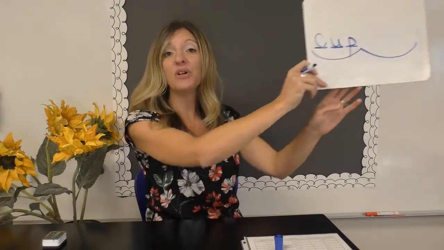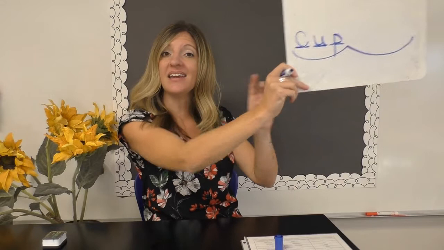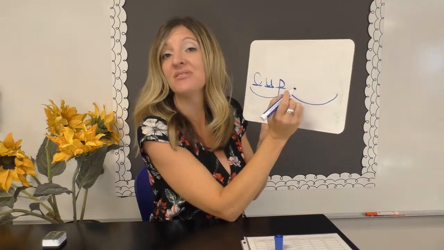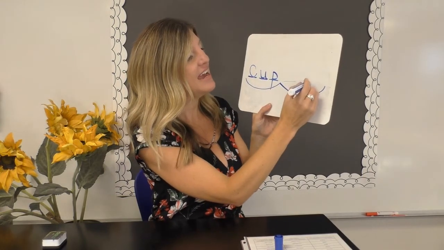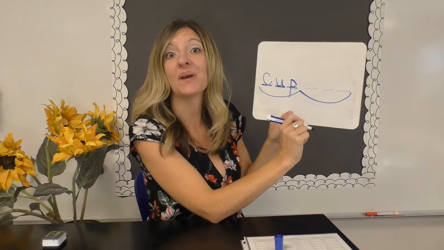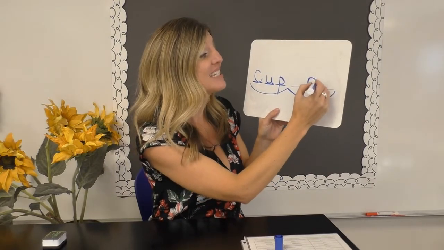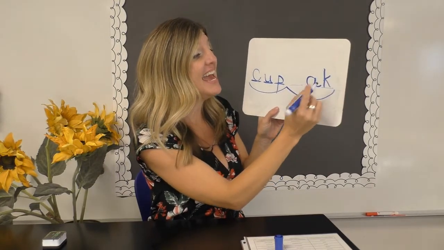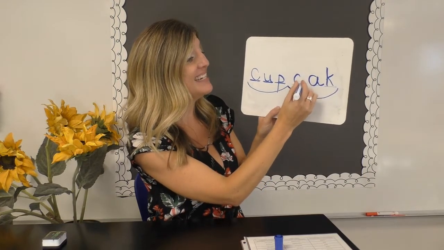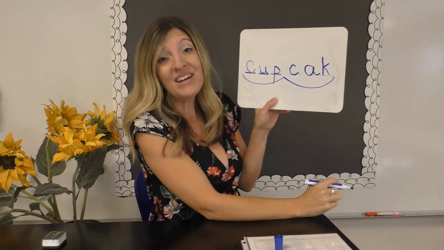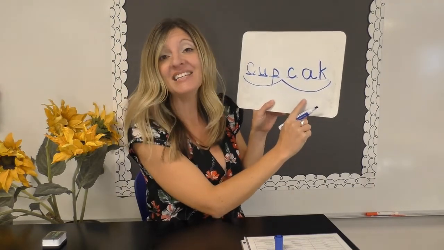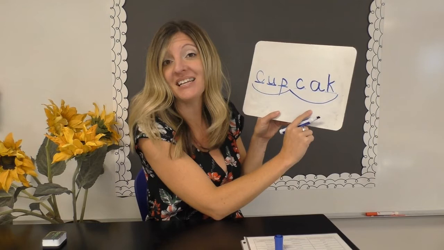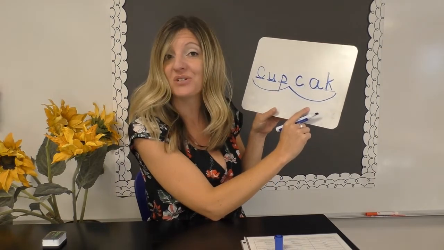My second syllable is cake. So let's tap out the sounds in cake. K, a, k. Okay, my next vowel is an A, so I'm going to use a C. But I know that I just actually wrote cacake, and it's always about the vowels and if the vowels are short or long.